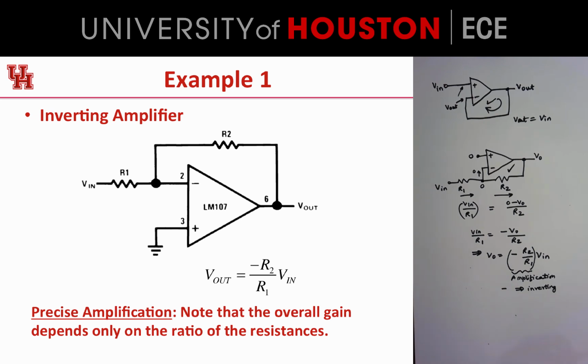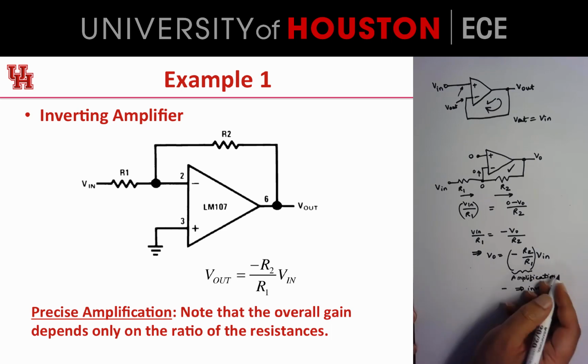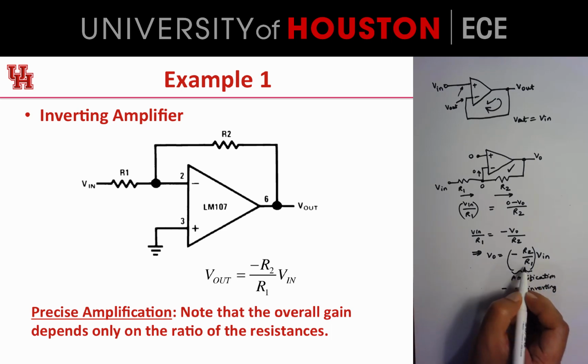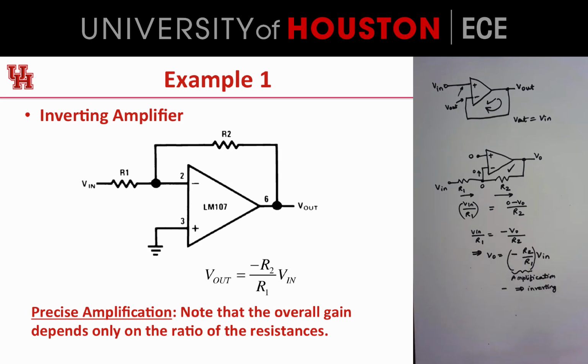So if the op amp has a high enough gain, in other words, it's reasonably ideal, then you will get a very reliable amplification. So this number depends only on the accuracy with which you can get these two resistors. So if these two resistors are chosen precisely, you can get a precise level of amplification. So for that reason, I will call it precise amplification.